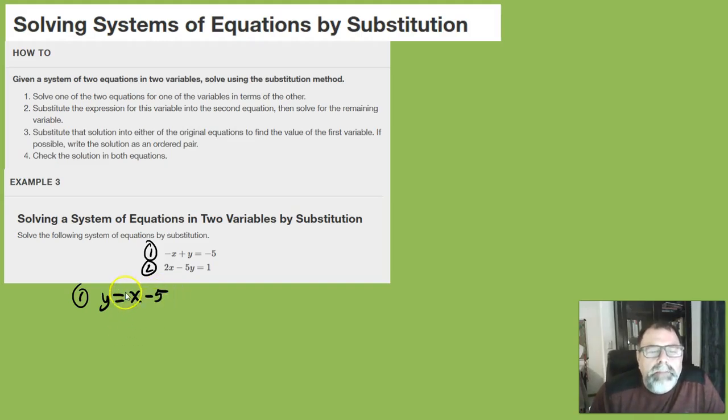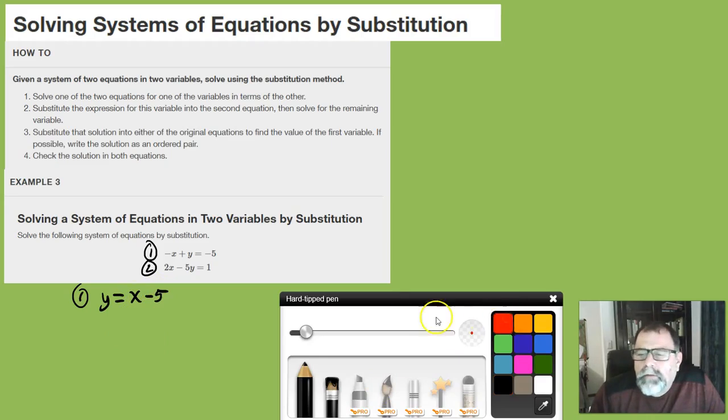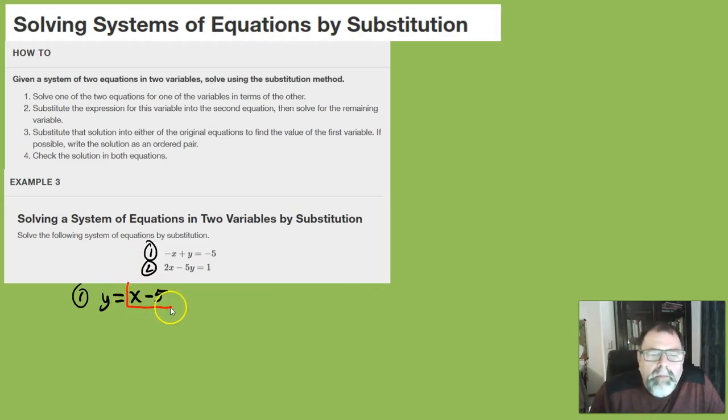And then I take this expression, x minus 5, and I'm going to substitute it into the other equation, the second equation, for y. So y is equal to x minus 5.